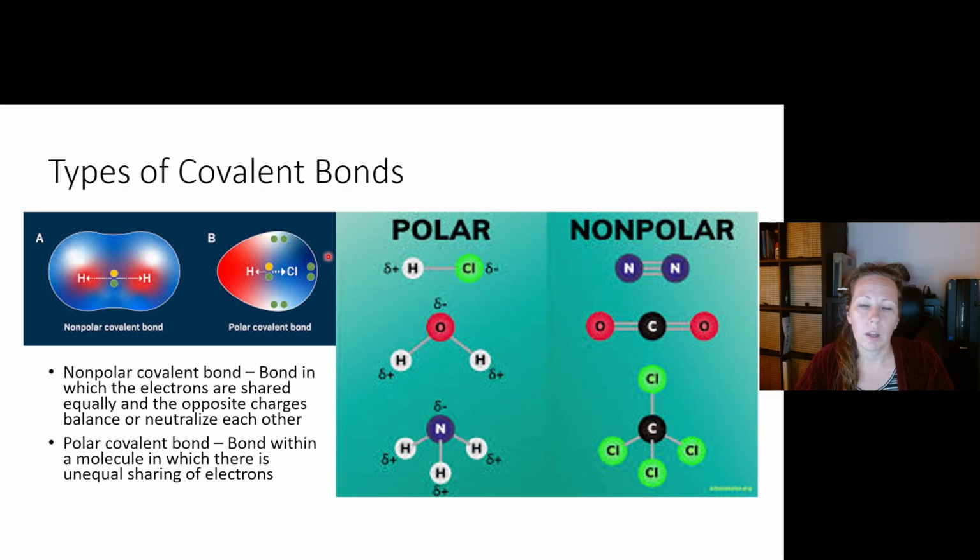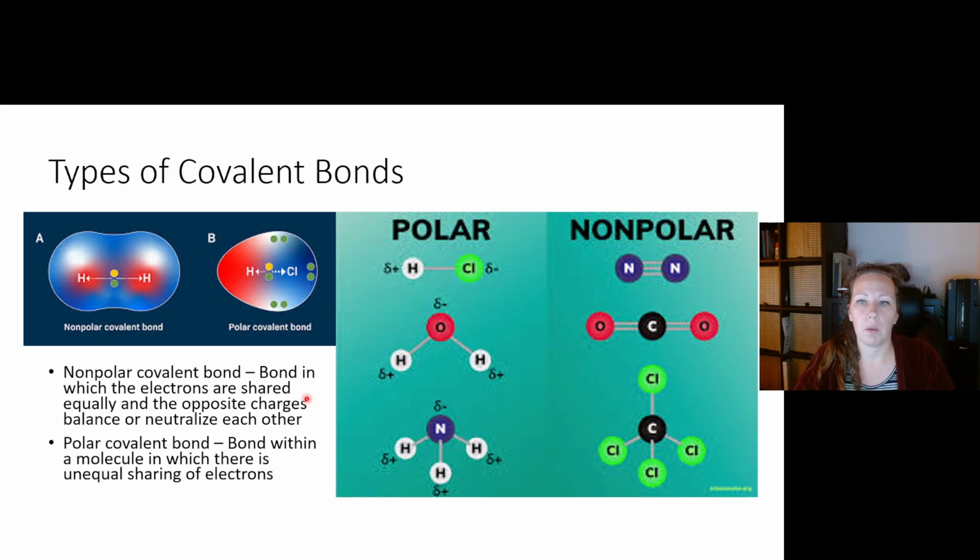And when one atom is more electronegative than another, and they're not pulling equally, then that atom is going to take more than its fair share of the electron charge. All right. So the electron is still being shared. It's still going back and forth between the orbitals of the two atoms, but it's going to hang out more on one side than the other.